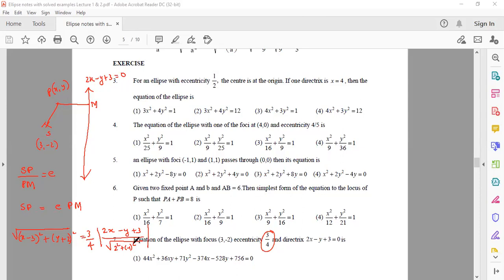Now, if you expand this, you get your answer. So (x - 3)² + (y + 2)² is 9/16 times the square of (2x - y + 3), divided by the square root of 4 + 1, which is 5.